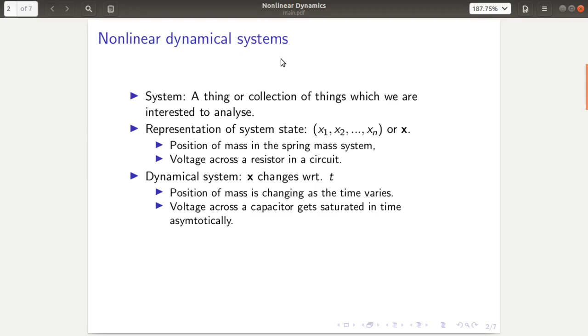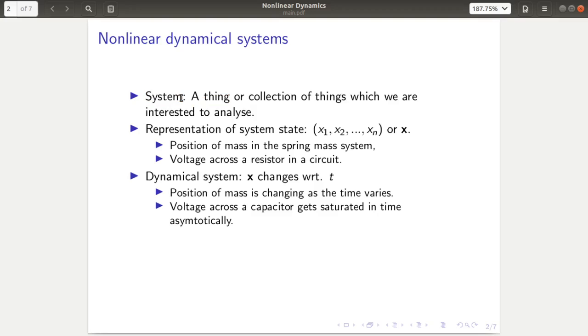A system is a collection of things which we are interested to analyze. Whatever we are trying to analyze, we consider that as a system, and the rest of the things other than the system are known as surrounding.